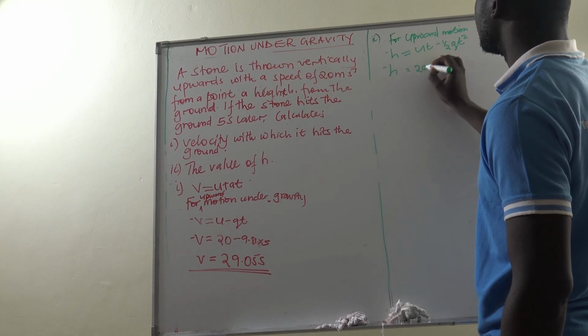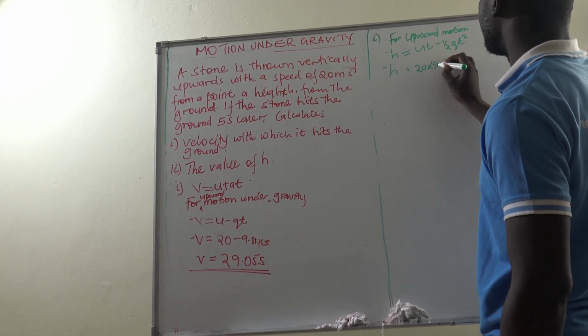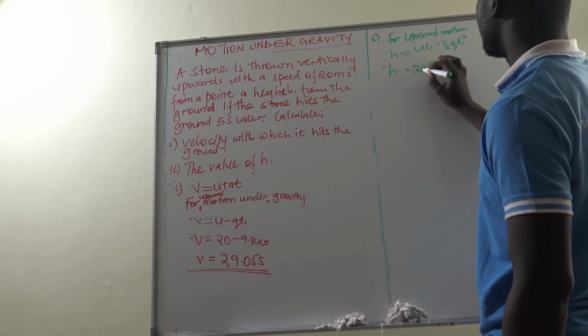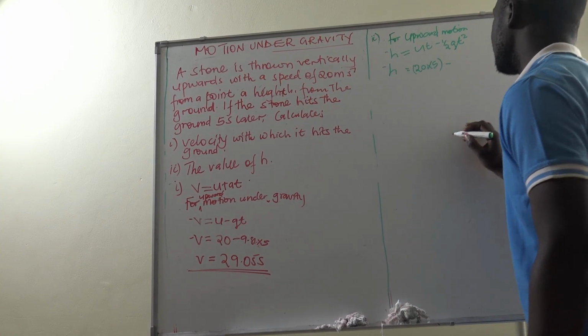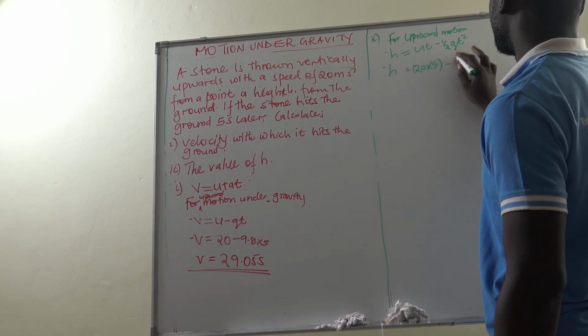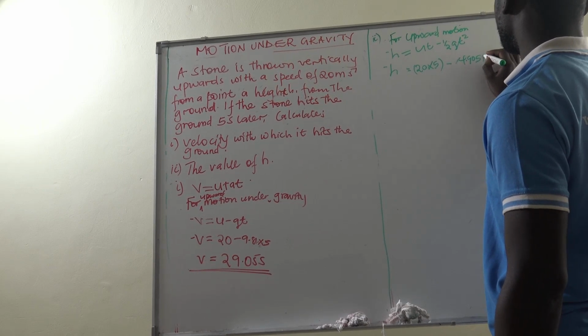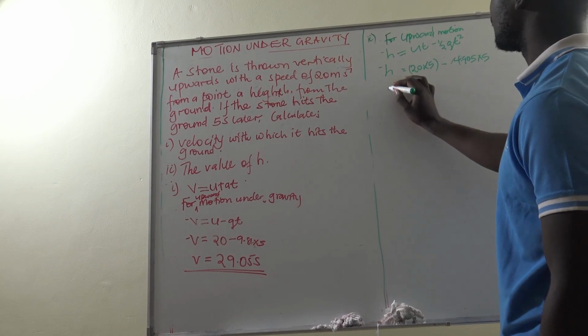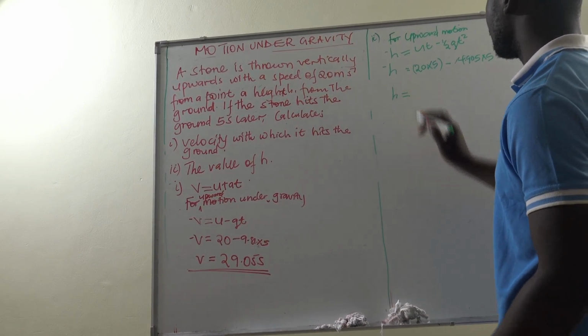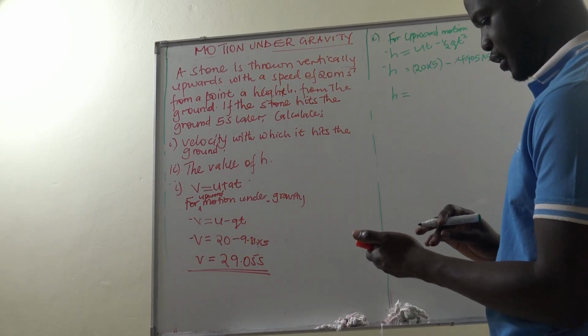This is 20 times 5 minus 4.905 times 5. Therefore, from this we can get the value of h.